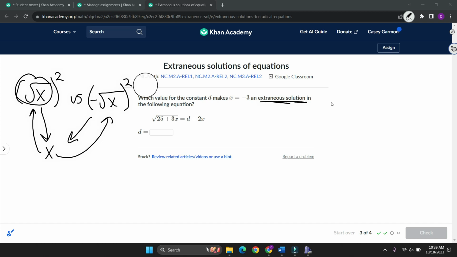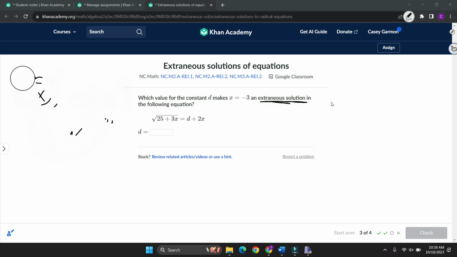Therefore, if we want the extraneous solution, we solve the equation containing the negative root of 25 plus 3x. So we set up the extraneous solution ahead of time by switching our root to be the negative case.